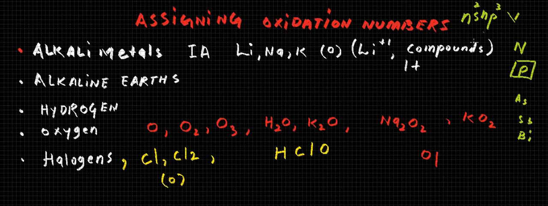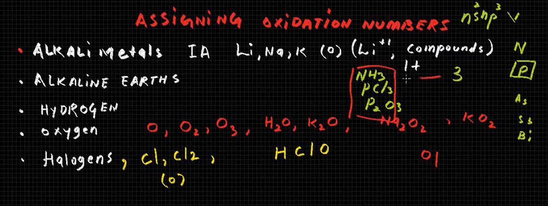So the variable oxidation state will be 3 when these 3 p electrons are utilized. For example, we have NH3, we have PCl3, we have P2O3. If you calculate the oxidation number of nitrogen and phosphorus in these compounds, it will be 3.